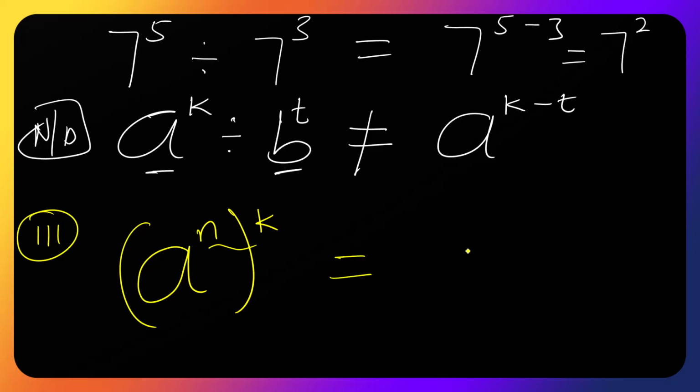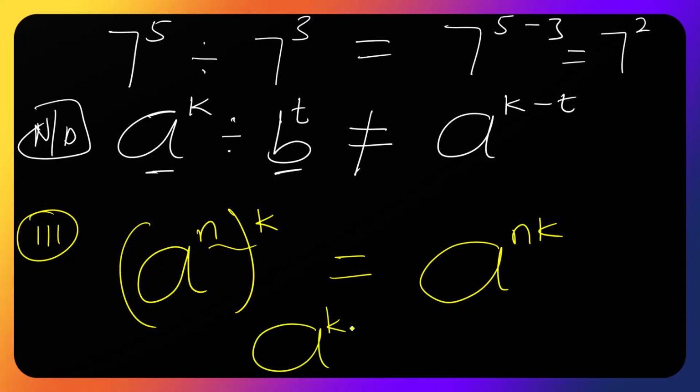So here I can say A exponent nk. And we can interchange this one. Of course, you can see they are the same as this because multiplication is commutative. This one is the same as this or that.